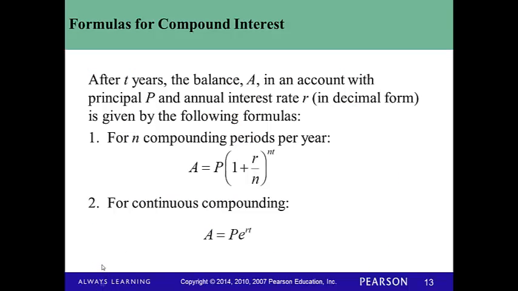Good. All right, last concept to talk about is formulas for compound interest. So after t years, the balance A in an account with principal P and annual interest rate R in decimal form is given by the following formulas. So, for n compounding periods per year, A, which is your balance, which I call the future amount.